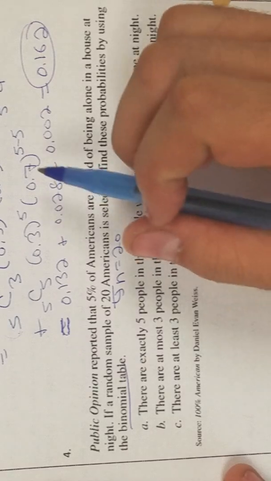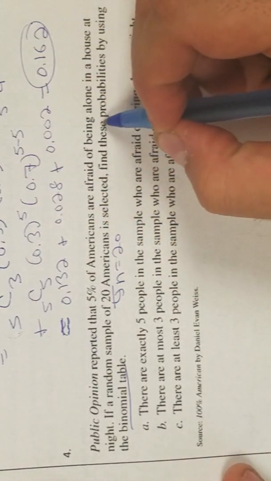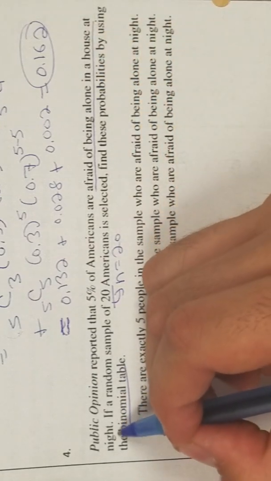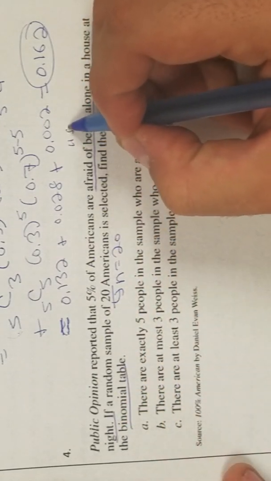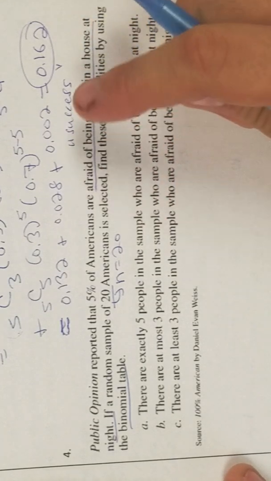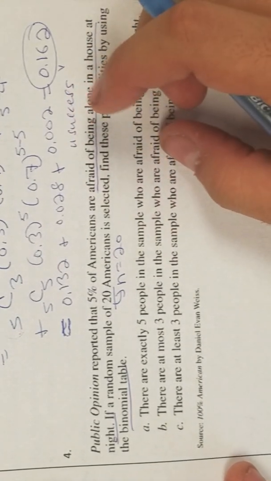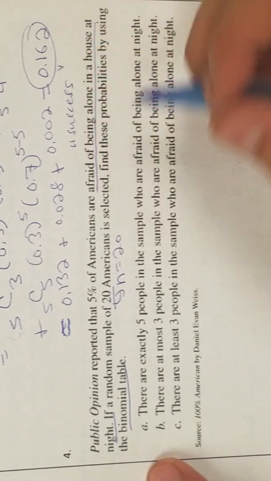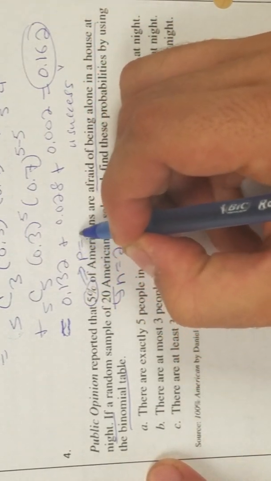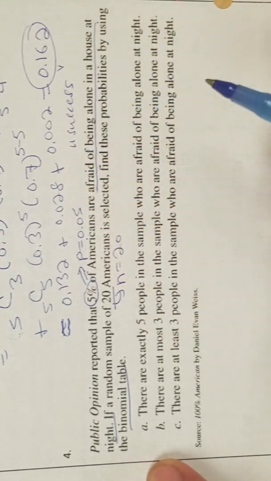Basically success is being afraid of being alone at night. Okay, so that's considered success for us. Like I said, it's not literally success. It's just in this experiment that's success. And then the probability of that is 5%, which is 0.05. So that's the probability of success.